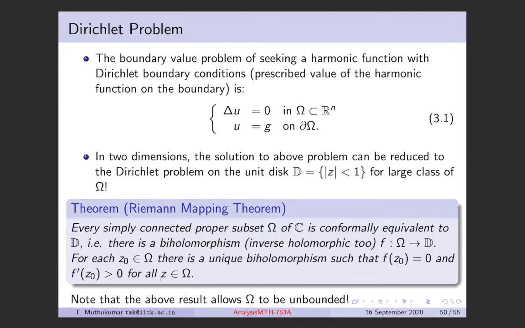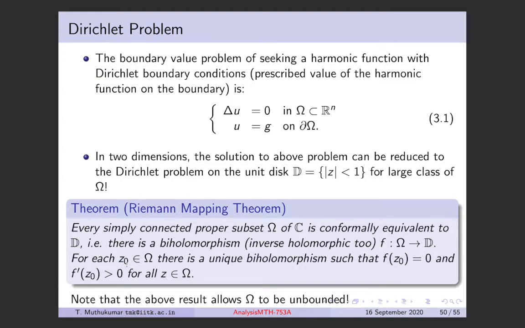One is that if you pick a z naught in omega, and you demand that z naught is mapped to the center of the unit disk, and that f prime of z naught is positive, then, okay, don't worry about the rest.